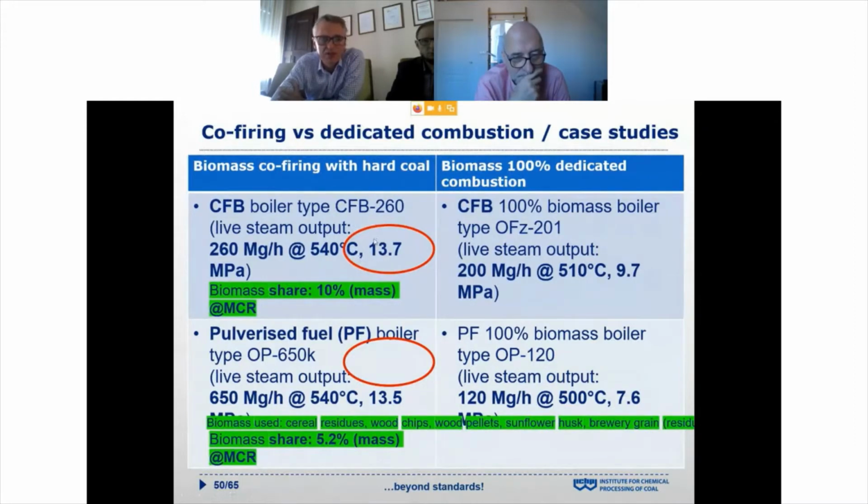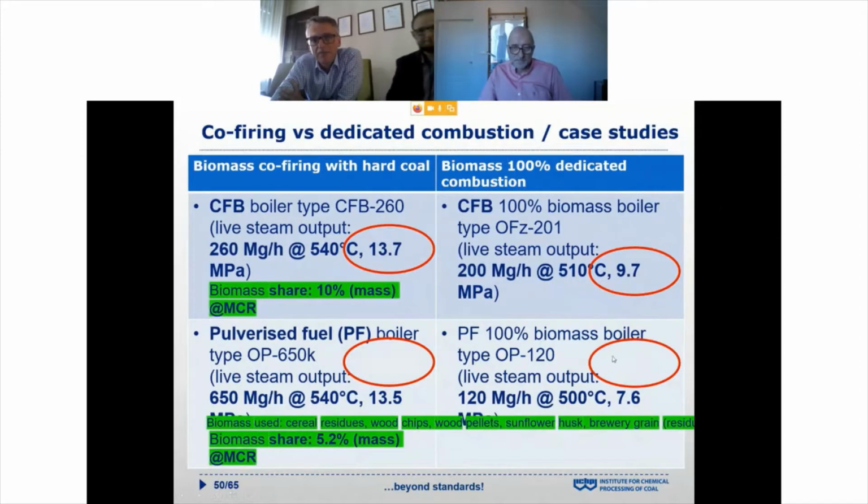So we have something close to 14 megapascals of the live steam pressure in CFB and in pulverized also. And here, when you look at the biomass combustion, the parameters were worse, let's say. The pressure was lower. So here almost 14, and here almost a 10, and here it's even much lower than a 10. It's a little over 7.5.